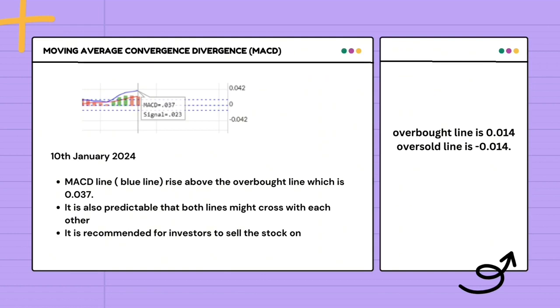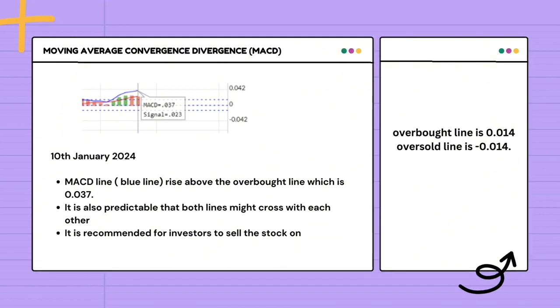So let's move on to the next one, which is Moving Average Convergence Divergence, MACD. This is the second indicator that we use. As you can see from the chart above, by using MACD indicator on 10th January 2024, we can see its uptrend movement and the MACD line, which is the blue line, rise above the overbought line, which is 0.037.